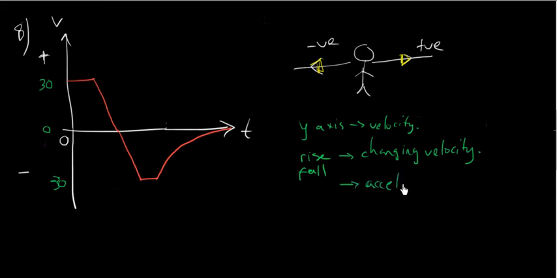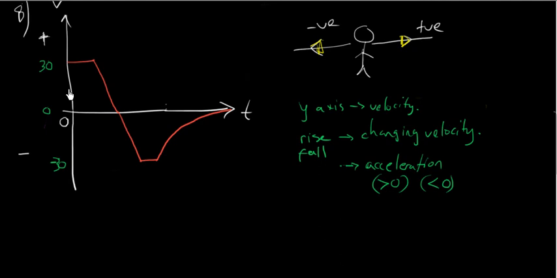Any change will be an acceleration, either bigger than 0 for positive or smaller than 0 for negative acceleration. It can be either. So if the velocity is going down, getting closer to the 0, then it's getting smaller, right? Here we have to be careful with what's happening. If the velocity is getting closer to 0, it means the velocity is getting smaller, but not necessarily if it's going down, because here it's 0 velocity, and then it starts to increase.